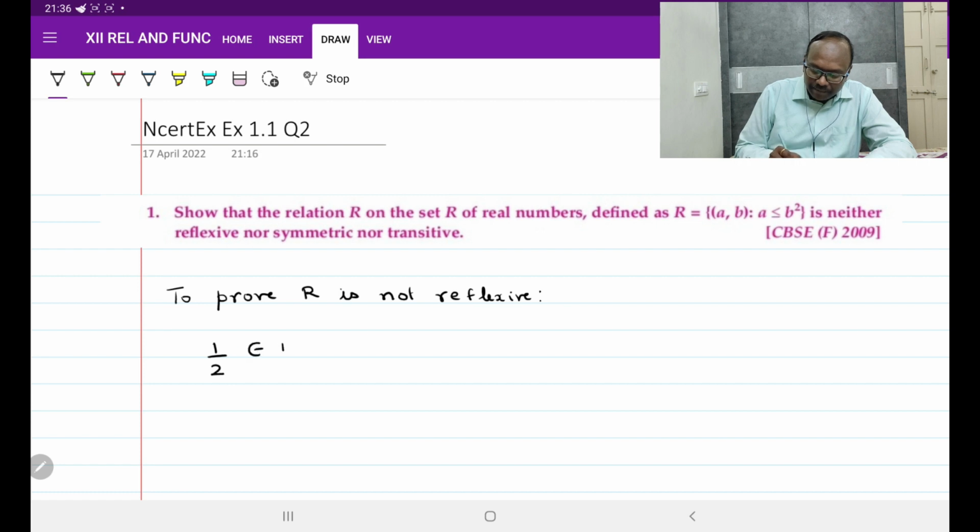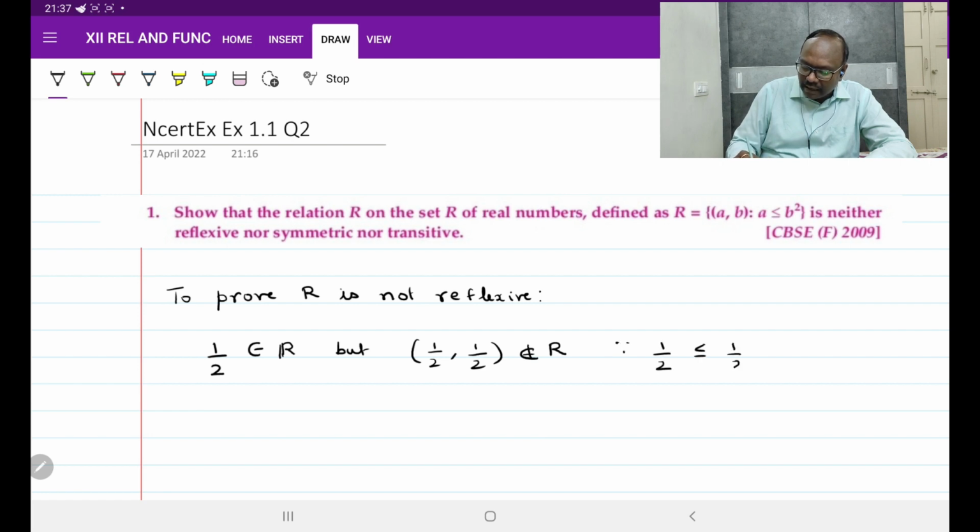Half belongs to the real number set, which I write with a double stroke ℝ to distinguish it from the relation R, but (1/2, 1/2) does not belong to R, since 1/2 less than or equal to (1/2) square is false. Therefore R is not reflexive.